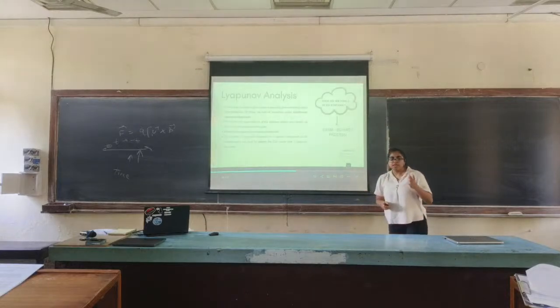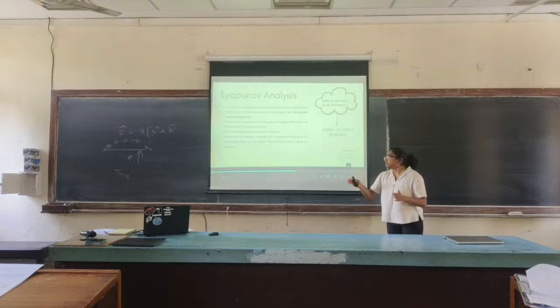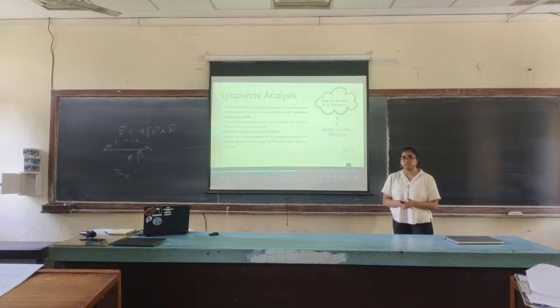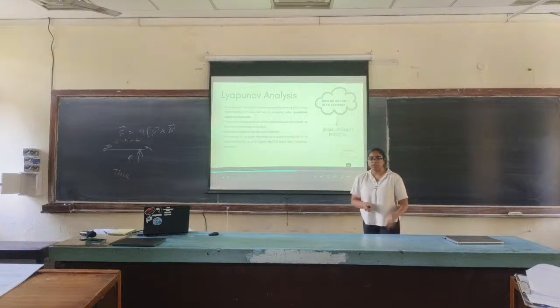But at what k values do we actually see this sudden transition? In chaos terms, this sudden transition is also known as a bifurcation. So for that, we explored the Lyapunov exponents for this system.